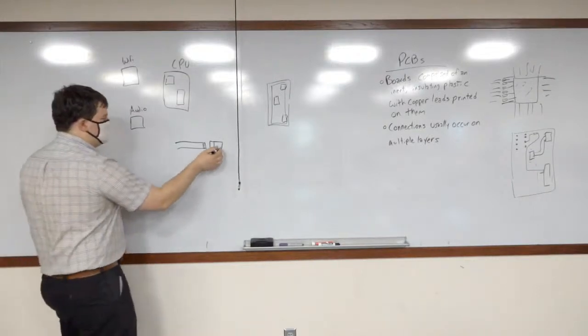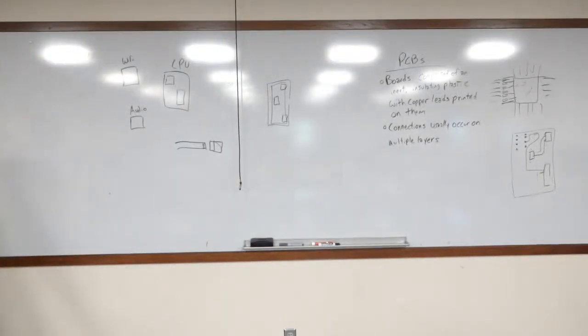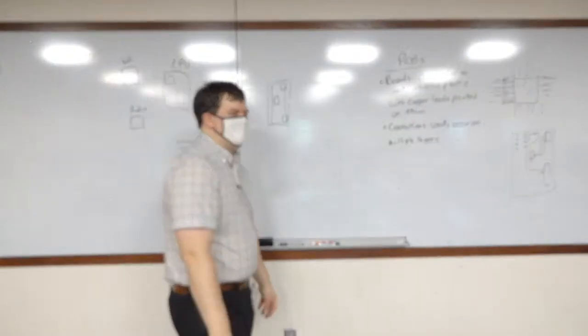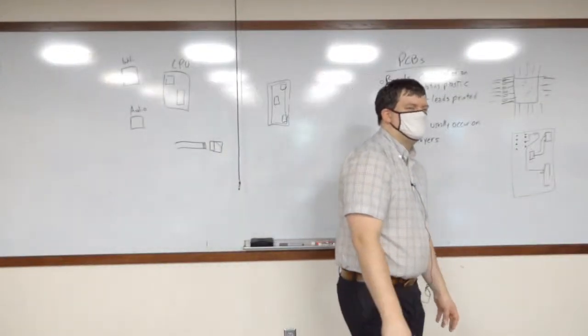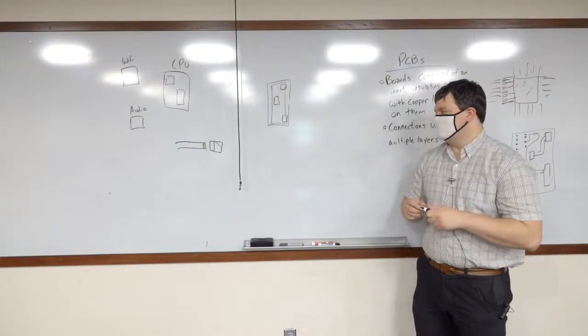You flip this thing up and you can pull the ribbon cable out, put it back in. It's kind of fun. If you ever get an old phone and you don't want to make any money off of it, you can disassemble it and play with it. It's really fun. You do have to use a heat gun though. It's a good learning opportunity playing around with some of that technology.